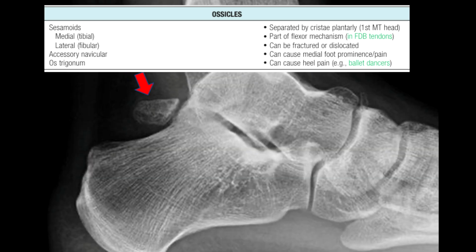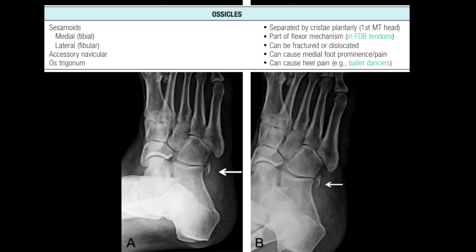Other common ossicles include the os trigonum, located posterior to the talus, which represents an unfused lateral tubercle. While asymptomatic in many individuals, it can cause posterior ankle impingement, particularly in ballet dancers or soccer players who frequently plantar flex the ankle.